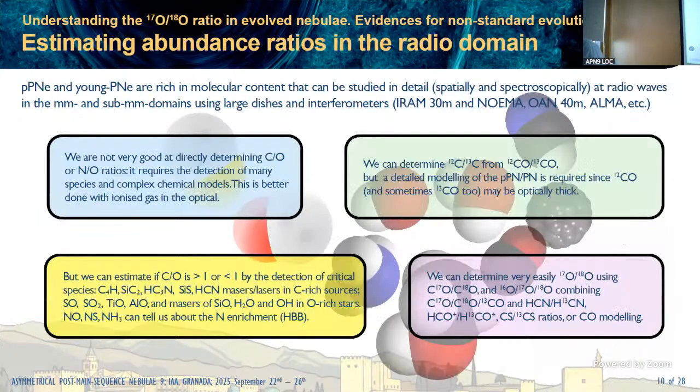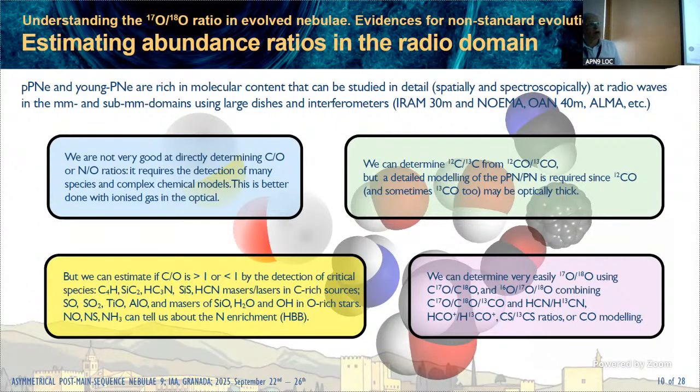Since I'm mostly a radio astronomer, I must tell you that we radio astronomers are not very good at determining directly the carbon to oxygen ratio. We can infer whether carbon is more abundant than oxygen based on some molecules we detect, if the standard chemistry holds for these post-AGB sources, which may not be the case.